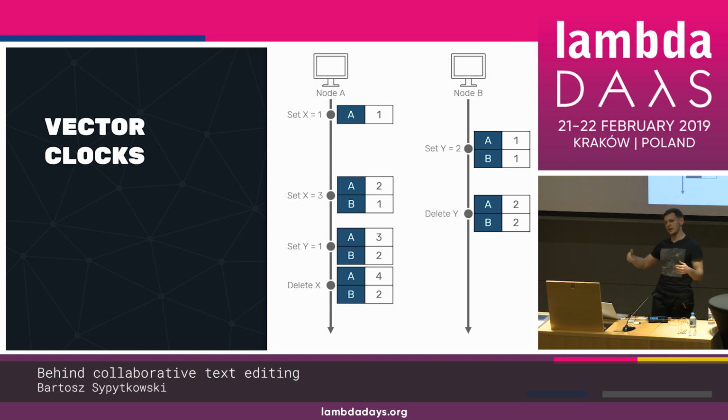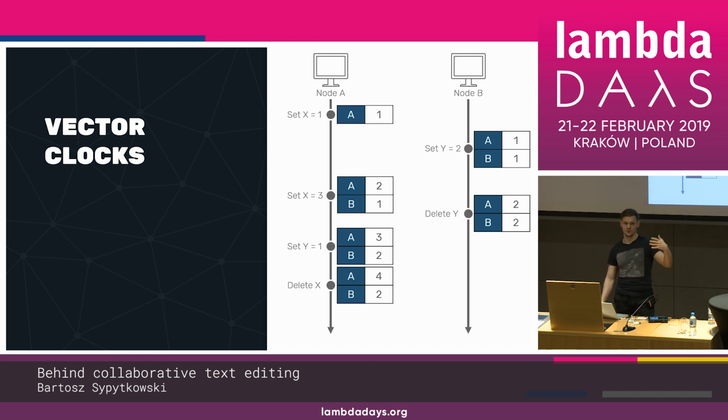Then if B has also done the same thing, we can combine that information together into a single structure. It's like a map from replica ID to sequence number, and we can use it later for comparison or to version our documents, actually, because this is what we are interested in. Our document can be versioned by those vector clocks.